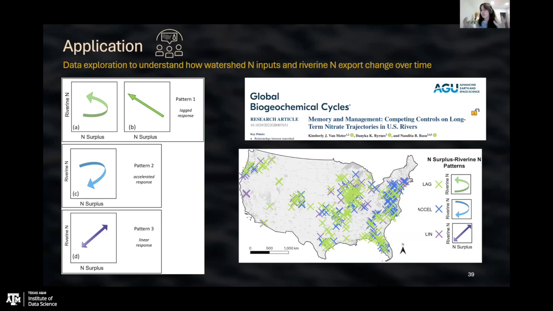If we want to reduce the amount of nitrogen that goes into our rivers, understanding how nitrogen is processed in certain watersheds is incredibly important. So understanding where the watersheds fall in these 3 typologies can be really insightful to water managers.